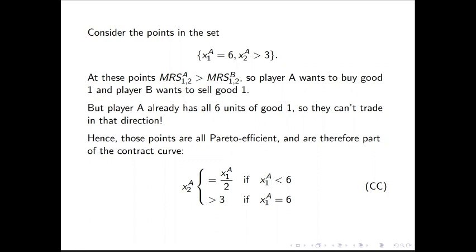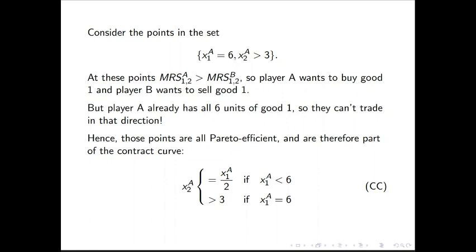To find all the points, consider the set given here, where x1a is 6 and x2a is greater than 3. If you go back to the previous slide and calculate the marginal rates of substitution for these values, you will find that player A has a greater marginal rate of substitution.